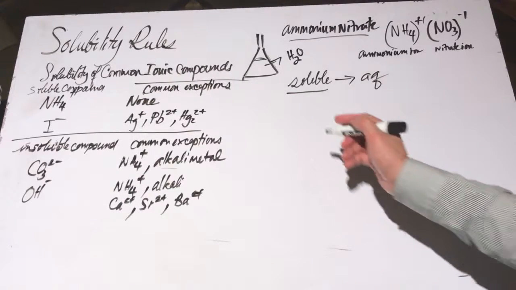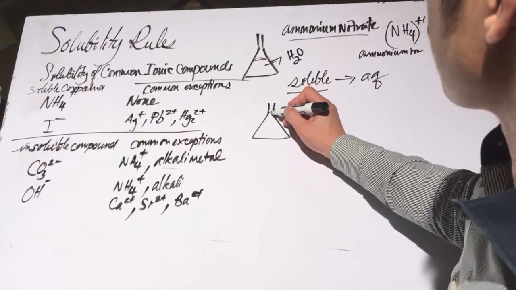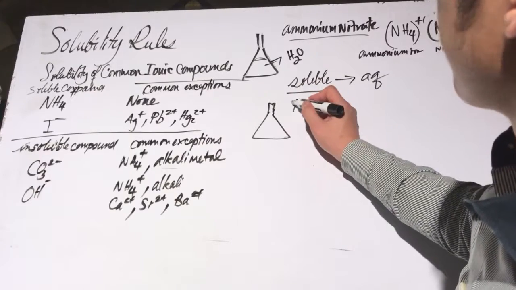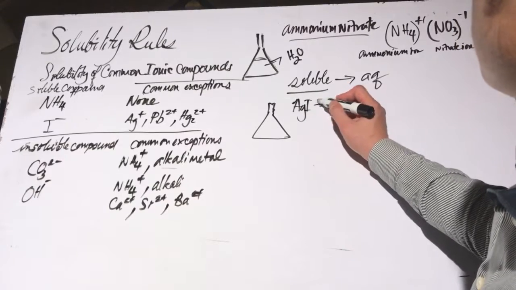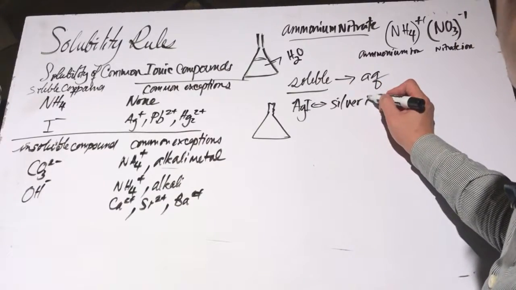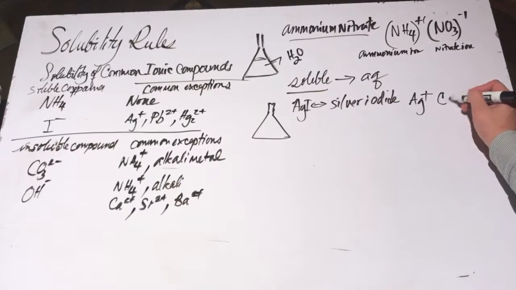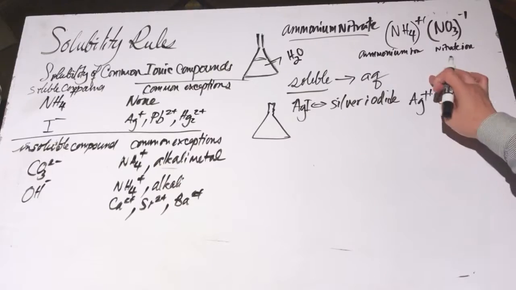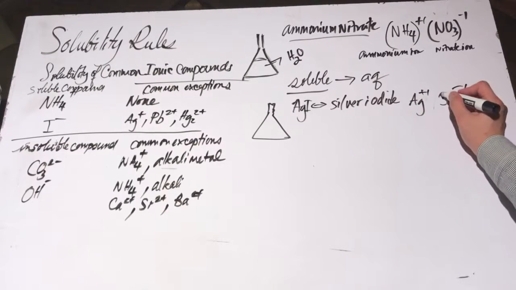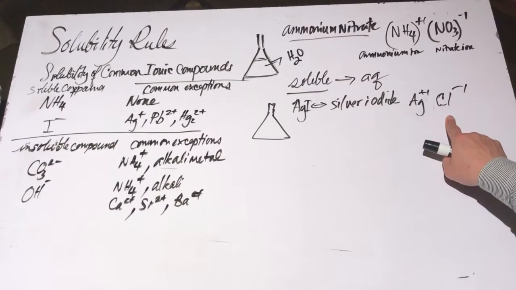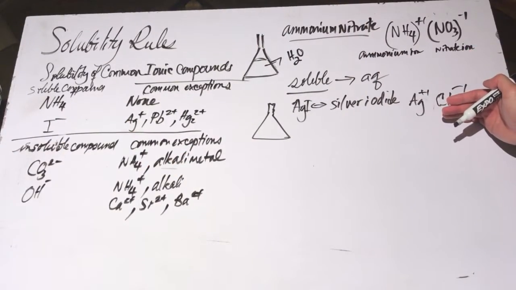However, this is water. When I put AgI, which is called silver iodide, into water, it breaks into Ag plus and I minus 1. So these are two different ions. You're going to look at these ions. Basically, we look at the anion first to see whether or not they are soluble.